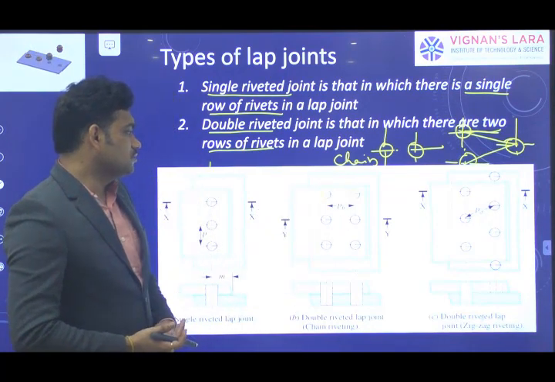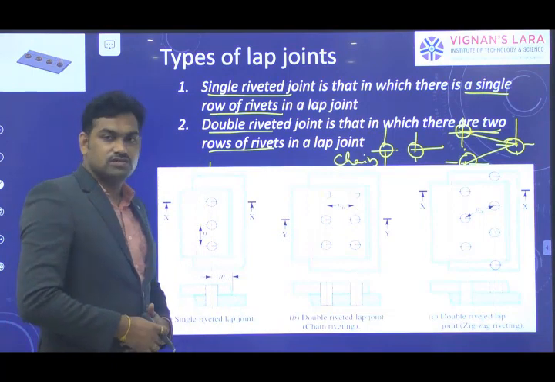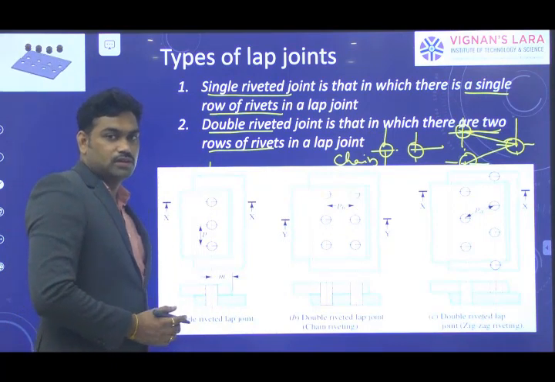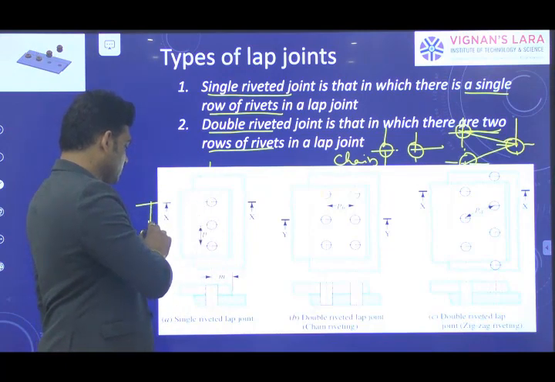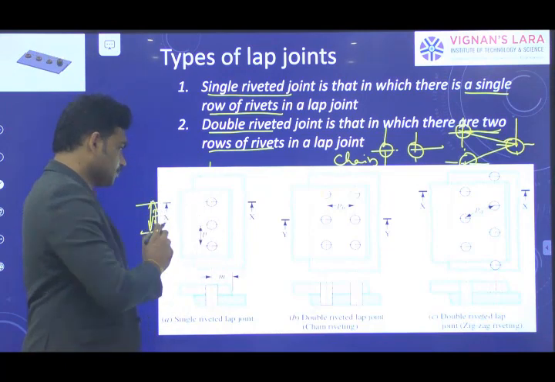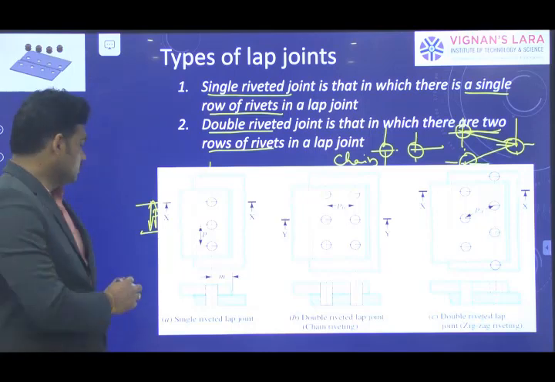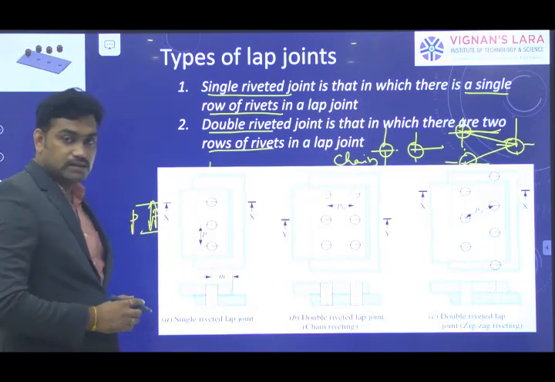And the terms used in these riveted joints: the distance from the center of one rivet to the center of the consecutive rivet is denoted by P, which is called pitch.